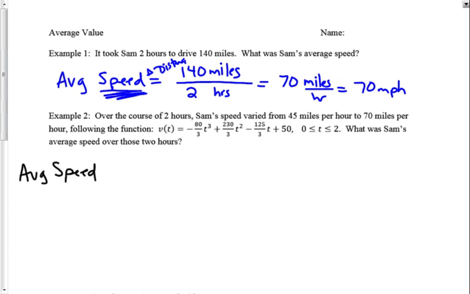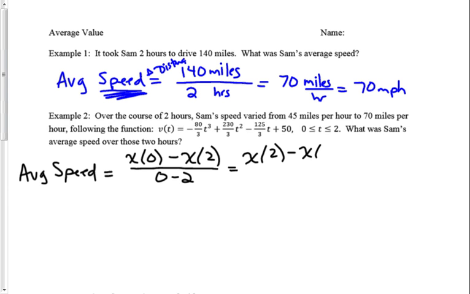Well, what I want to do is find out where he was initially. So where was his position at time 0? And where was his position at time 2? I want to subtract those, and I want to divide by the difference in our time. We probably would have written it like this, thinking ahead: x sub 2 minus x sub 0 all over 2 minus 0.